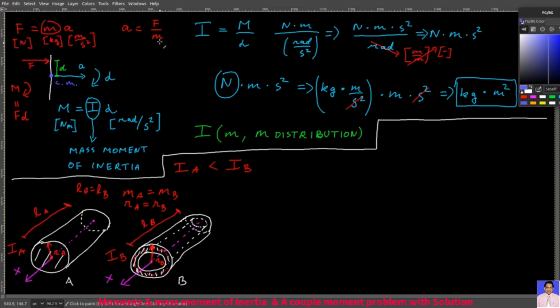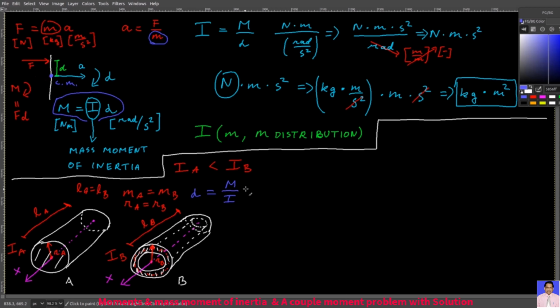And now, just like mass was resistance to acceleration, the bigger the mass, the smaller the acceleration. If I now take this equation here and I rewrite it like this, alpha equals M over I, then you can see that the mass moment of inertia is resistance to angular acceleration.